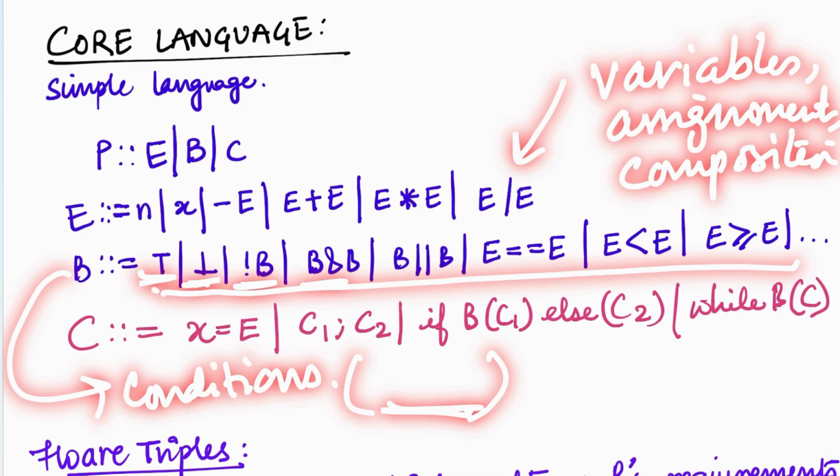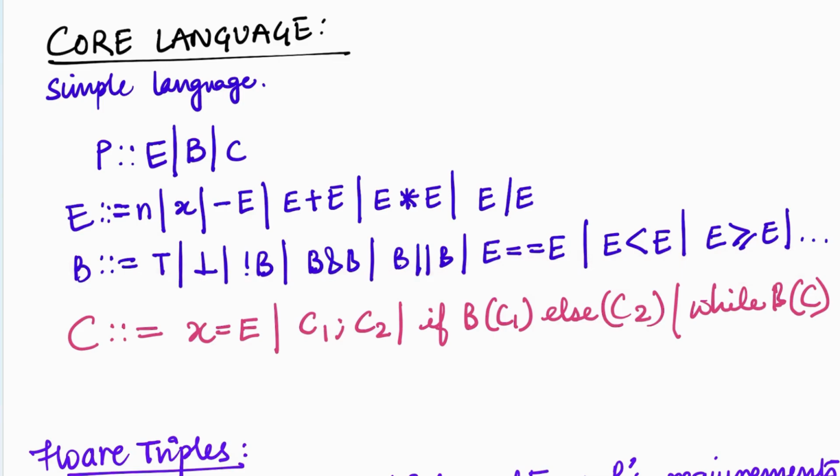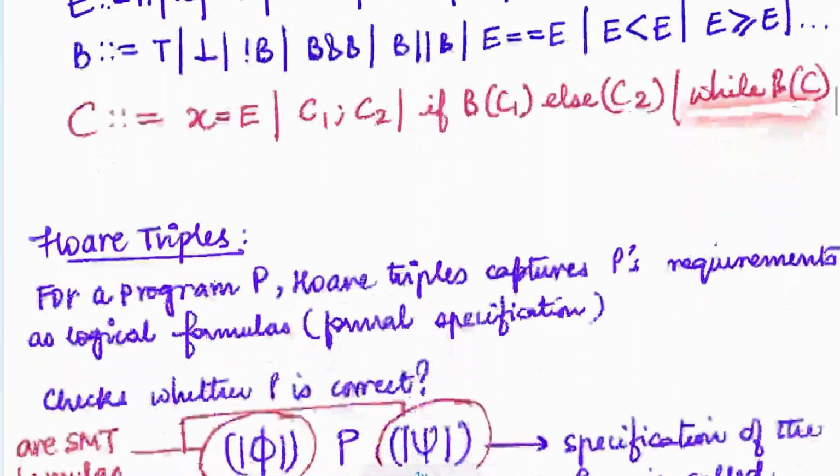And finally come the commands. The commands can be assignment, composition, if else, or while B, C. Now what do Hoare triples do? For a program P, a Hoare triple will capture P's requirements.